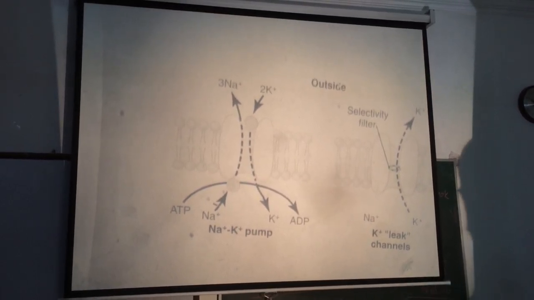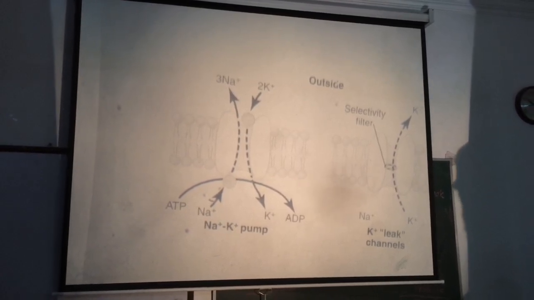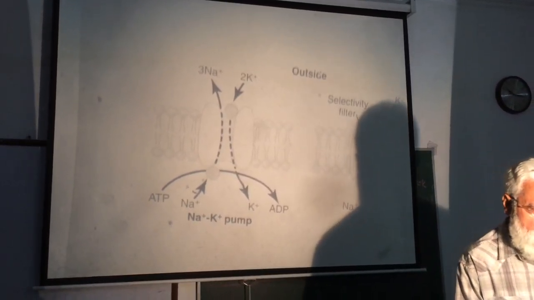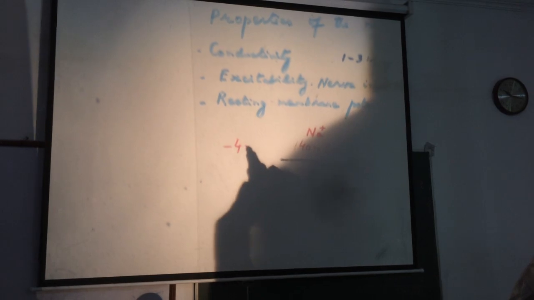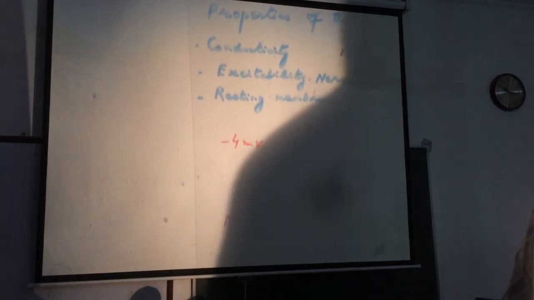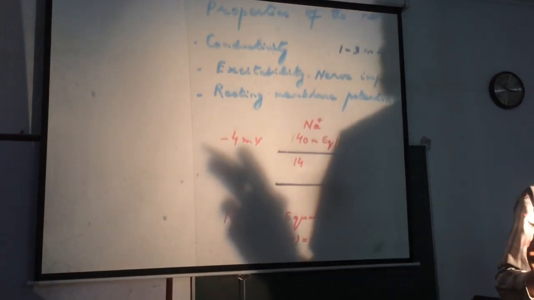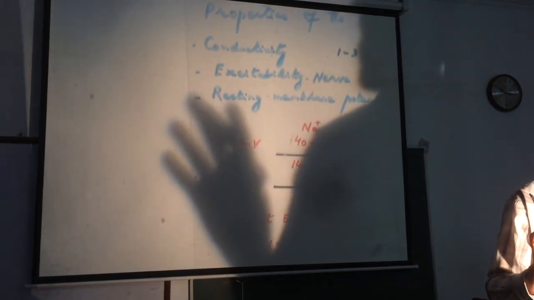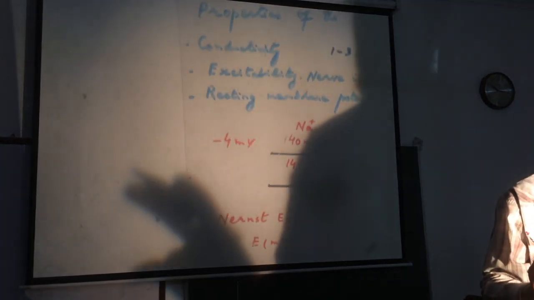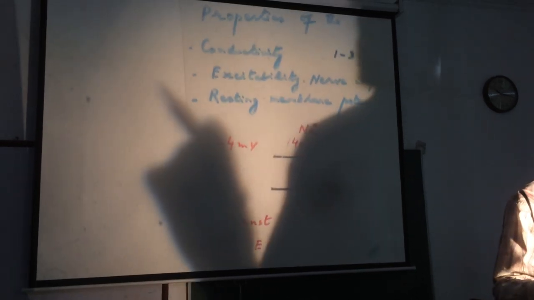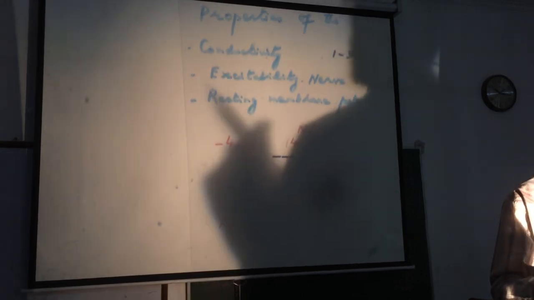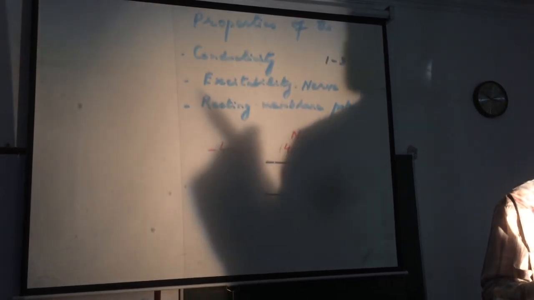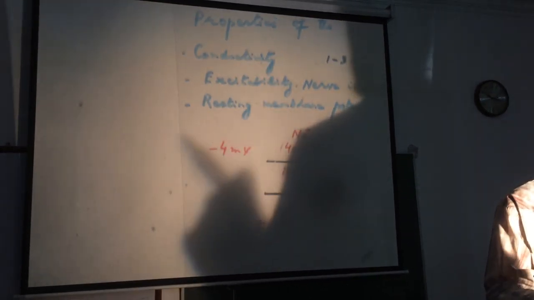So out of minus 90 millivolts, minus 4 millivolts is because of the activity of the sodium potassium pump.